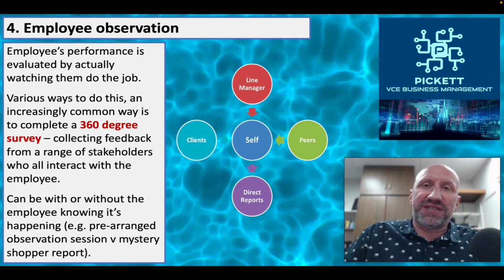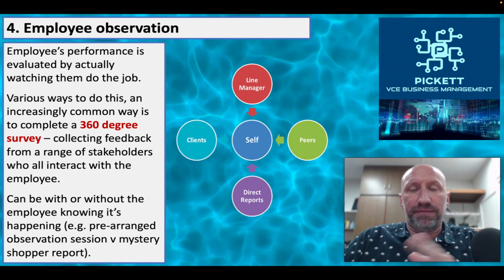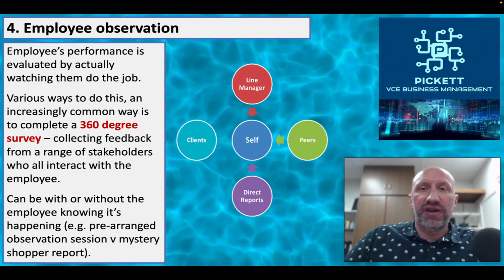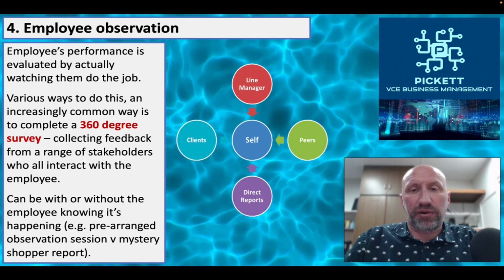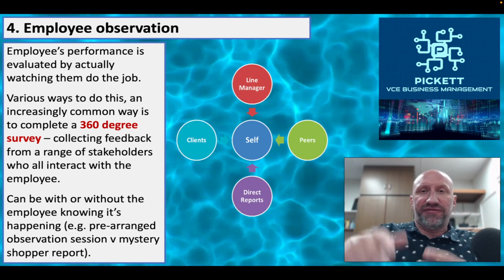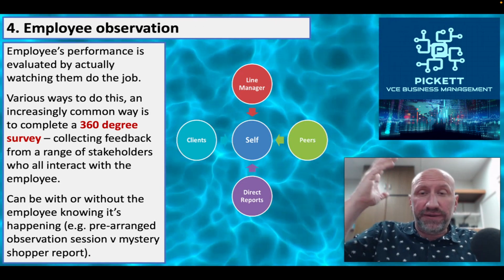A 360-degree survey. Look, I'm going to focus on the diagram that you see in the middle of the screen there. This is basically where you collect feedback from a range of different stakeholders who all interact with that particular employee. Okay, this is what's called 360 degrees. First off, you're going to collect information from their line manager.